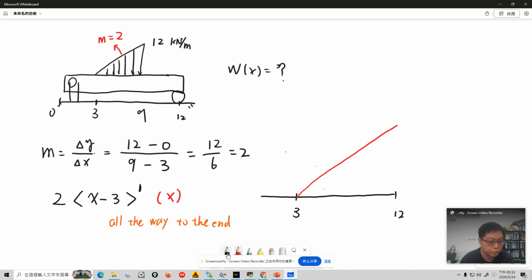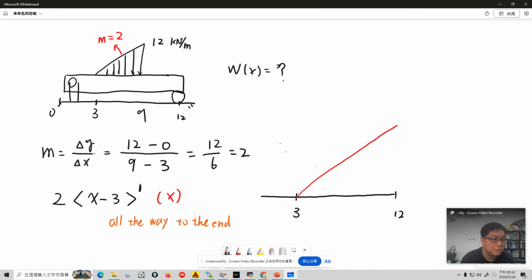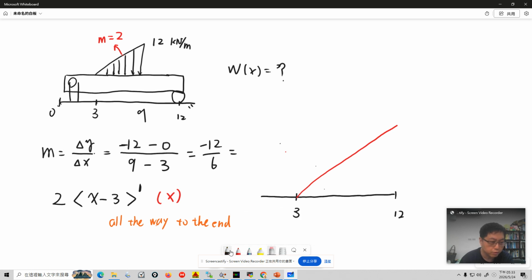Oh, sorry, I made a mistake with the slope. The load of 12 kilonewton is pointing down, so it's minus 12, so the slope is minus 2. That's a small mistake.